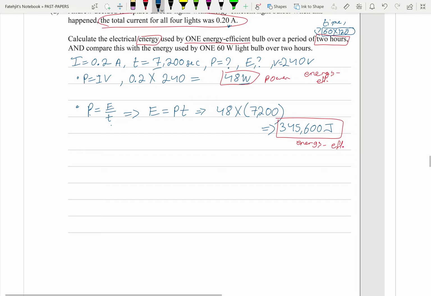Cool. And for the next part, compare this with the energy used by a 60 watt light bulb over 2 hours, and that's the original bulb we're talking about.